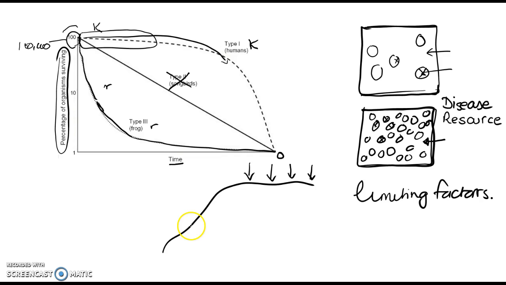So for example, disease. Disease is density dependent. How do we overcome it? Well, we have the technology of medicine. And we always have the threat of a disease breaking out, a new virus, that would be density dependent and it would spread around the world and we'd have no treatment for it. But so far, we've been able to avoid that through the use of medicine.